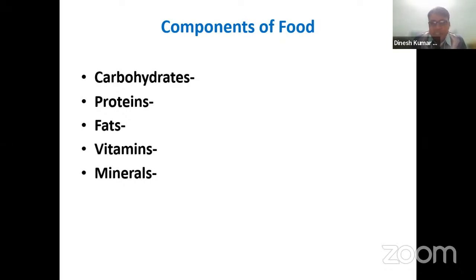Similarly, fats we eat, ghee and oil that we use in food. Vitamins are very essential for our health, and in vitamin deficiency we get different types of diseases. Minerals are also essential, like calcium, iron present in the hemoglobin, or copper or magnesium. We all know the functions of these different food items that we eat.